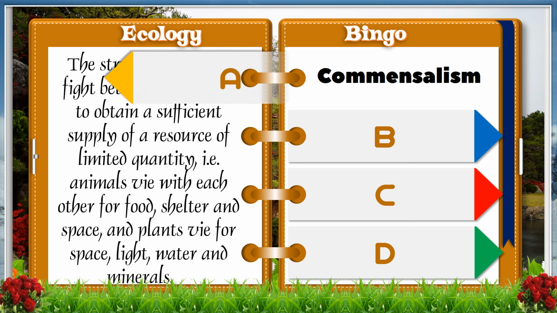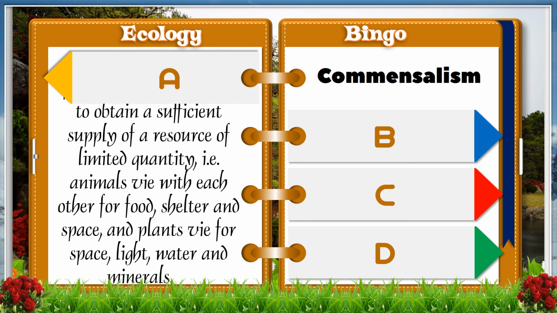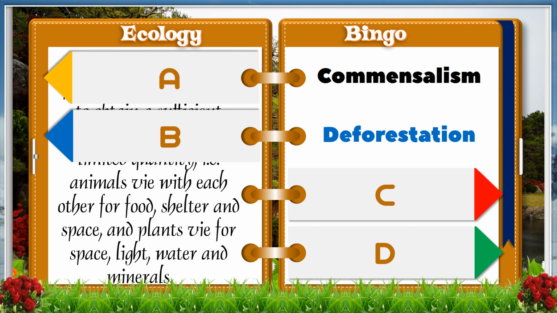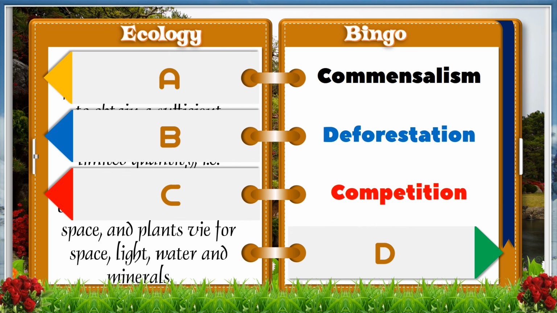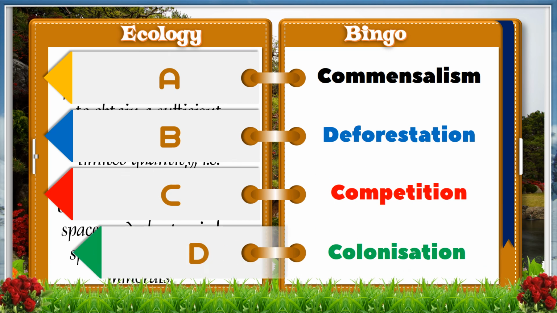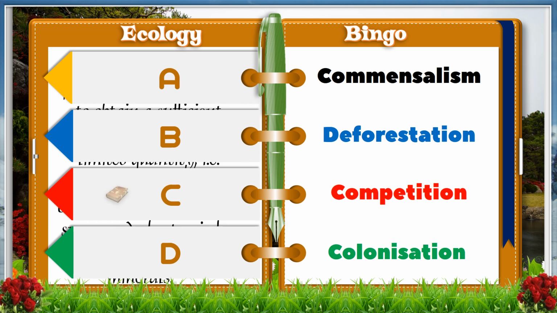A. Commensalism. B. Deforestation. C. Competition. D. Colonization. The answer is C. Competition.